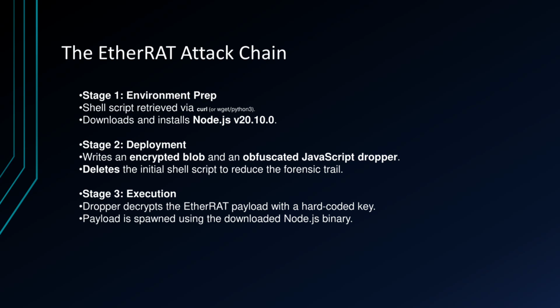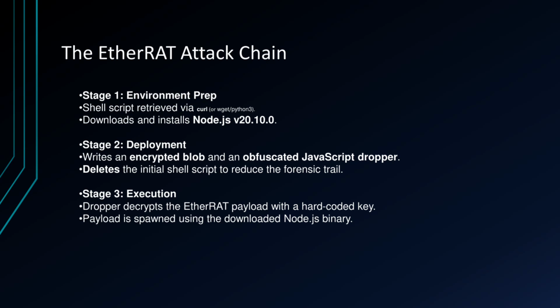Slide 4. The shell script initiates a critical multi-stage deployment, starting with Stage 1, Environment Prep. The script is retrieved via curl, and crucially, it downloads and installs its own dedicated Node.js v20.10.0 runtime from nodejs.org. In Stage 2, Deployment, it writes an encrypted payload blob and an obfuscated JavaScript dropper to disk.